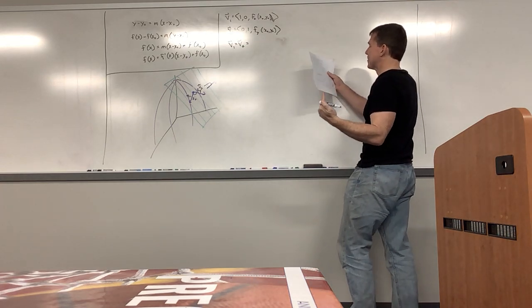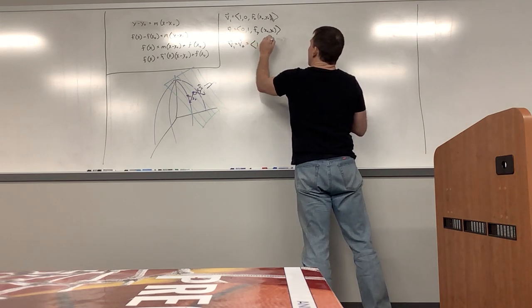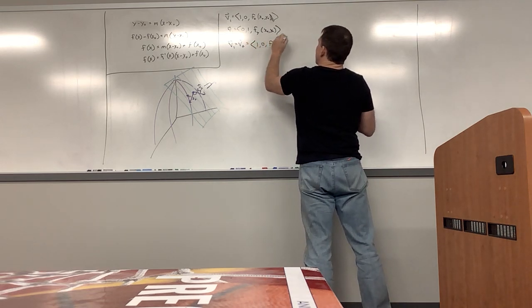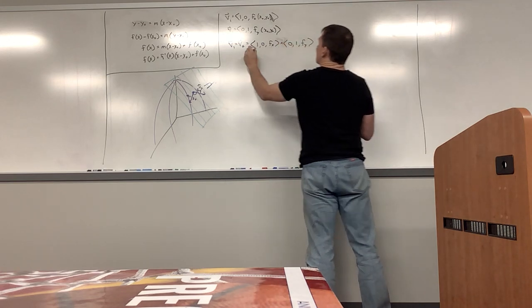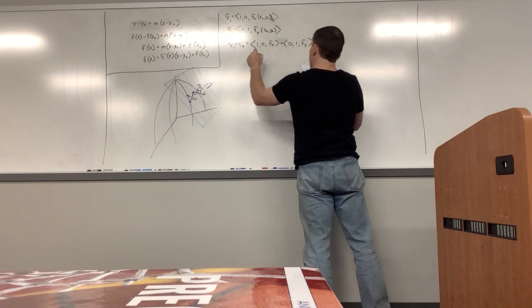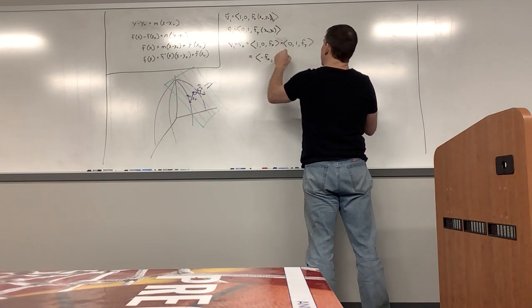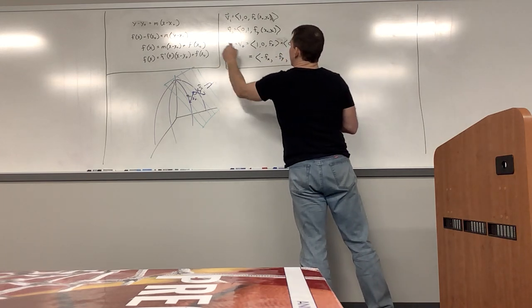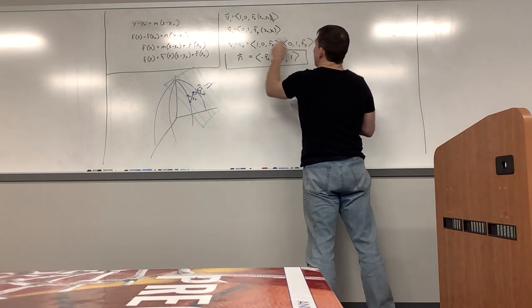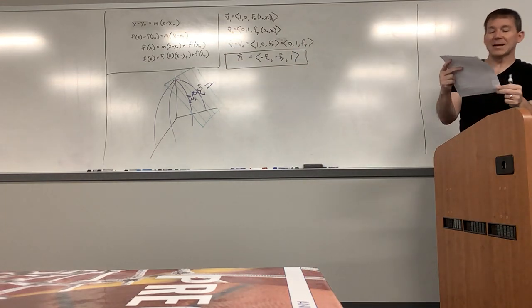So again, to save a little bit of time here, that would just be 1, 0, f sub x crossed with 0, 1, f sub y, which if I actually do that out, will be negative f sub x, negative f sub y, 1. And that will be my n, my normal vector to that tangent plane right there.